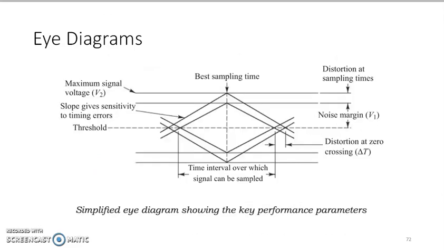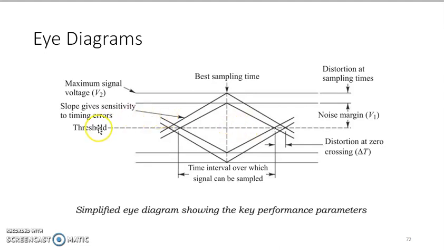If you see the simplified eye diagram here, we can find the time interval over which the signal can be sampled. From this to this is about a complete time. This is a particular duration in which we can sample the given signal and say whether there is a 1 or a 0.